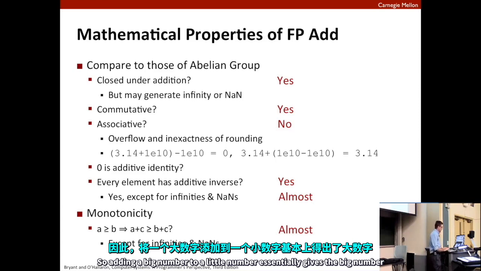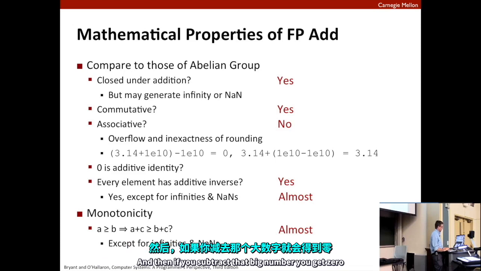So adding a big number to a little number essentially gives the big number, and then if you subtract that big number, you get 0.